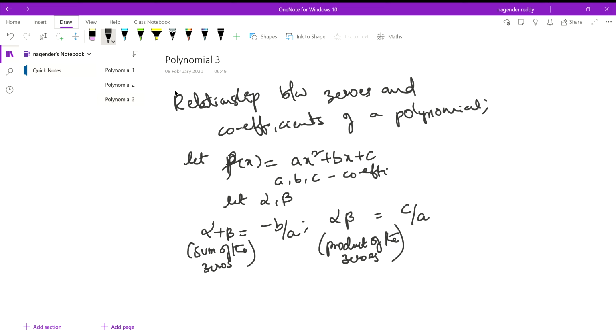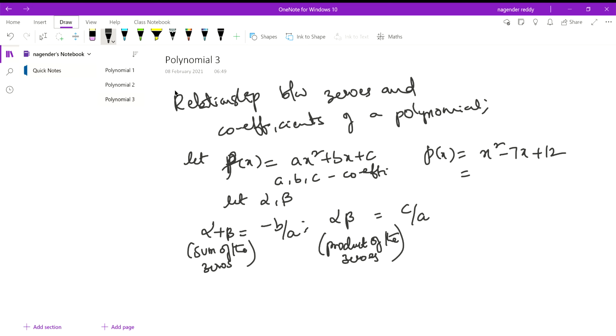Let us assume that p of x is equal to x square minus 7x plus 12. Now, by using the previous knowledge, we can find the roots of this one. So I am going to find the zeros of the polynomial.